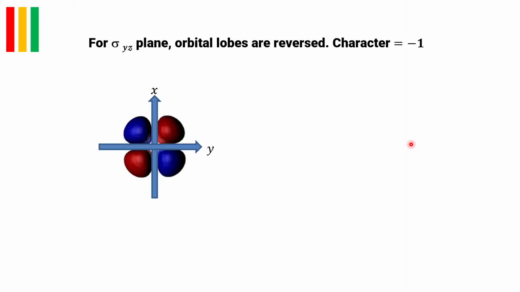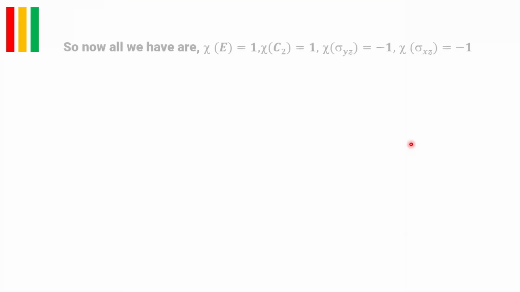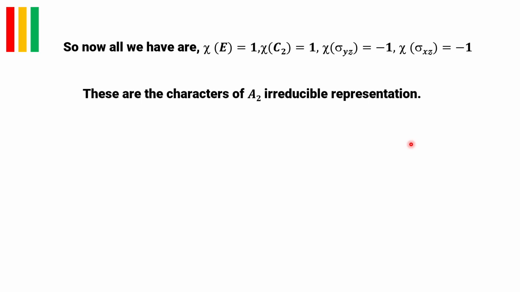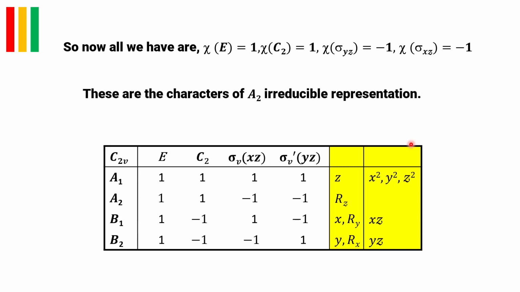And for the yz plane, if you are using the yz plane here, then x would get reflected and the character would be equal to minus 1. That's quite understandable. Similarly, the xz plane would also give minus 1, and hence we have a set of characters for identity plus 1, C2 plus 1, sigma yz minus 1, sigma xz minus 1, and they are found in the A2 irreducible representation.